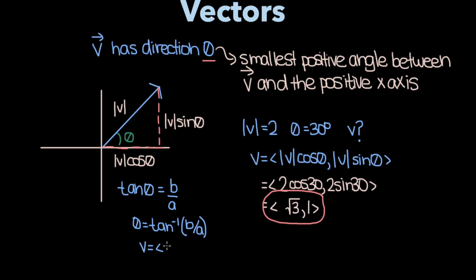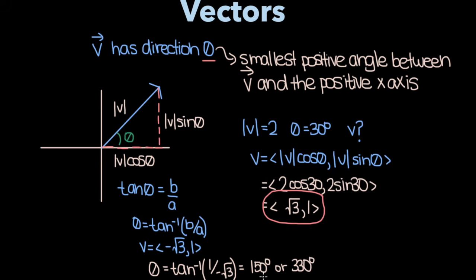And so if we're given the vector negative root 3, comma 1, then you know that theta is going to be equal to the arctangent or inverse tangent of b, which is 1, over a, which is negative root 3, and the arctangent of negative 1 over root 3 is 150 degrees, or 330 degrees. That is if we ignore the domain of arctangent for the moment.